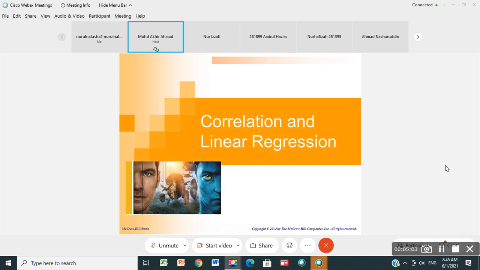It means relationship between both. I mean, in case we study about the time of study, for example, we want our research topic about time of study and relationship with CGPA performance. So whether they have relationship or not, we use the correlation and linear regression.